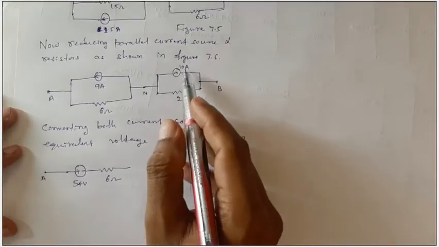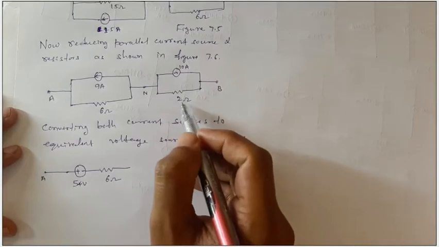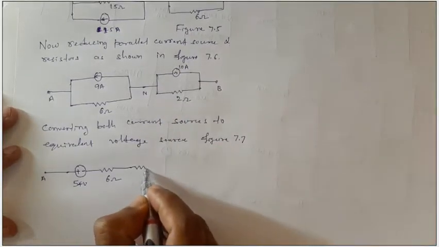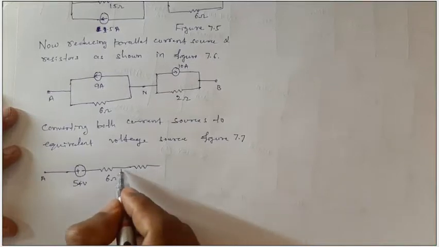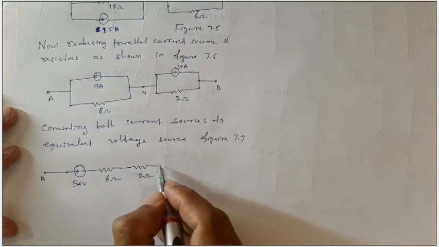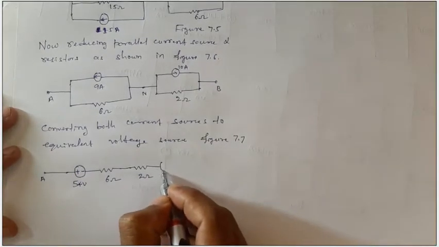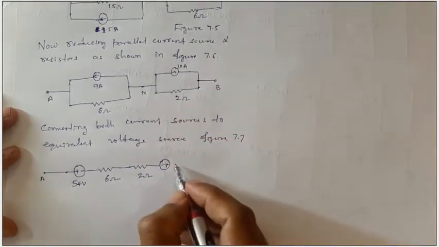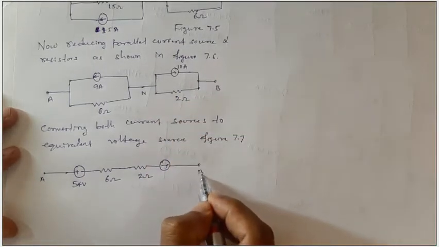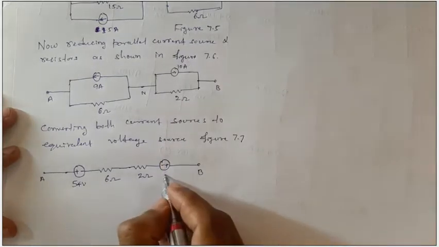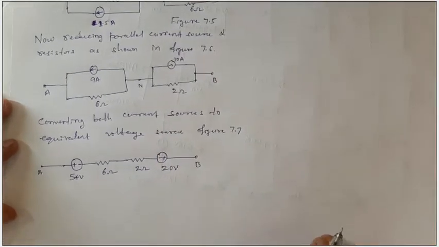And here also, when we convert, this 2 ohm resistor which is parallel with 10 ampere will come in series here, and this is node N. This is a voltage source with minus plus because the arrow is right side, and this is B. Now 2 into 10 is 20 volts. Now this is very simple, dear students.